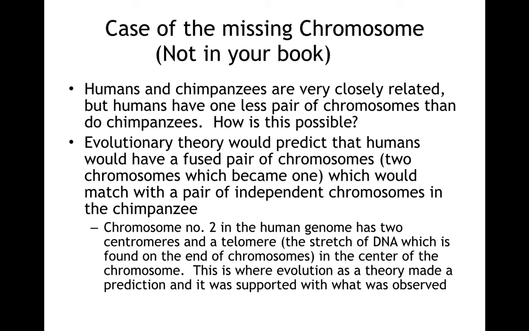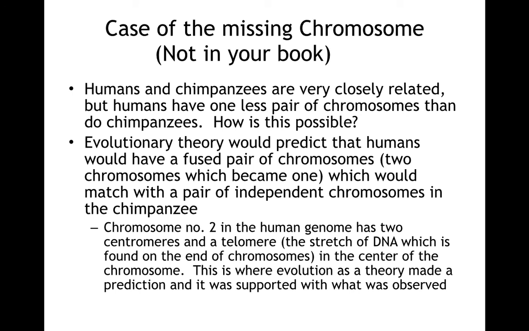But when it comes down to it, all the apes have 48 chromosomes and humans have 46. And there's a big debate about this. How could organisms that are so genetically related to each other, how could one of them be missing an entire chromosome and yet be so similar to one another? So this is a problem, and this is the dilemma within science.